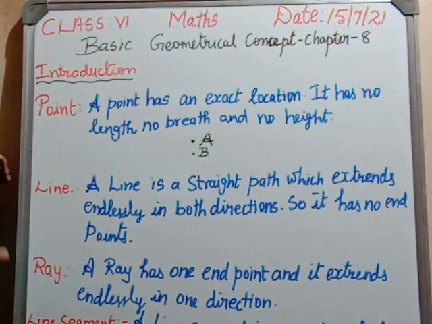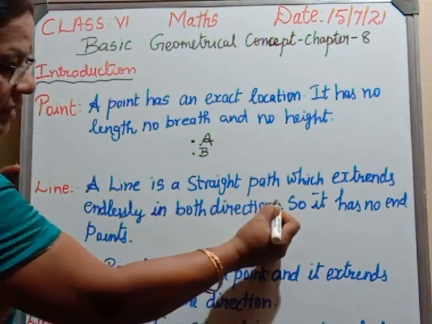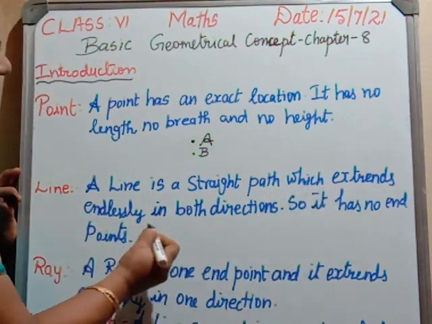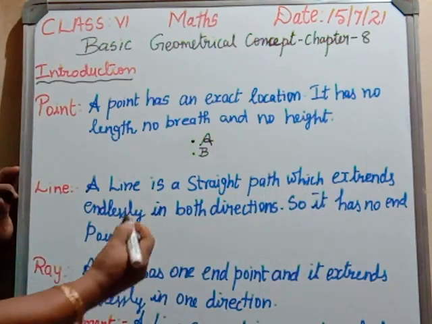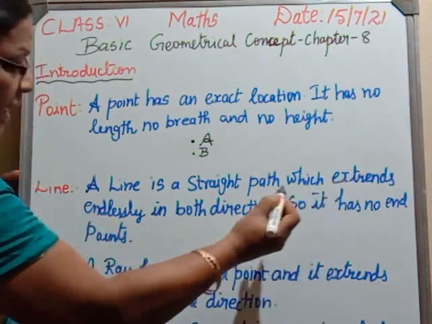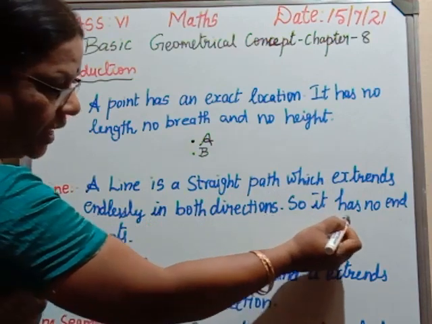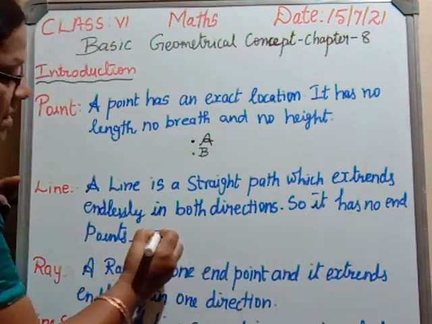Now, next one, line. What is a line? A line is a straight path which extends endlessly in both directions. So, it has no end points.